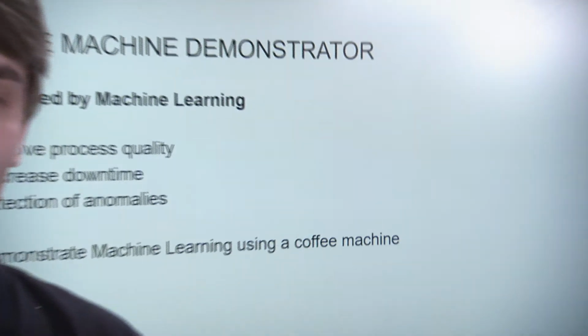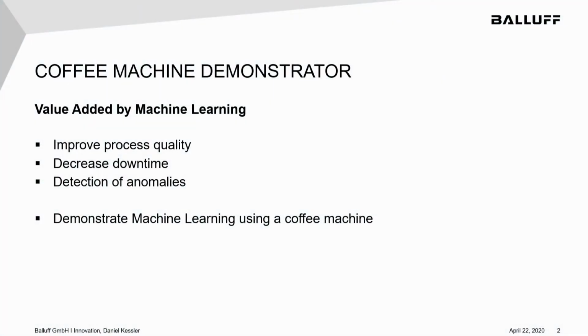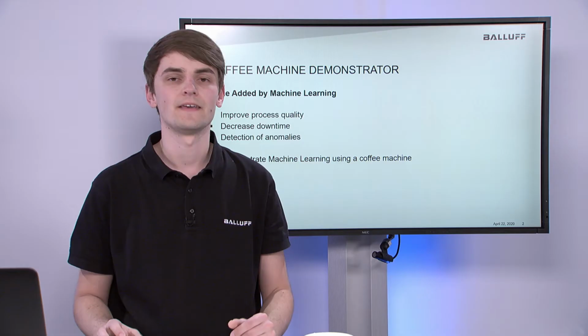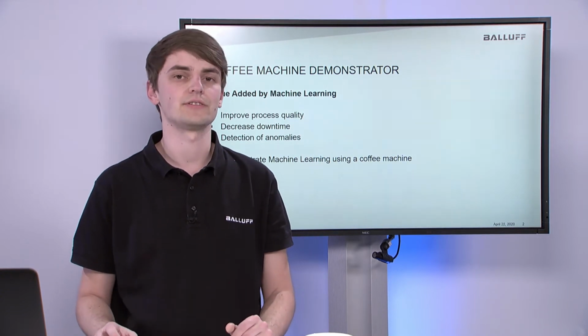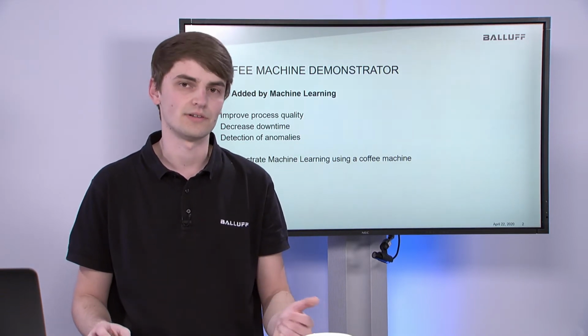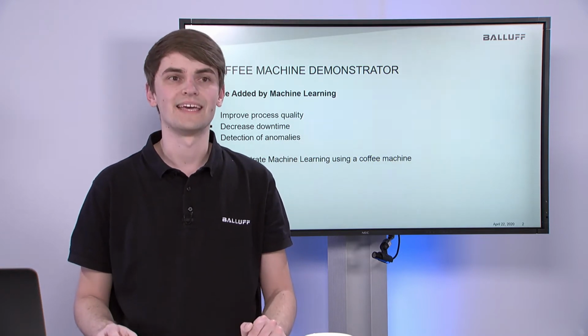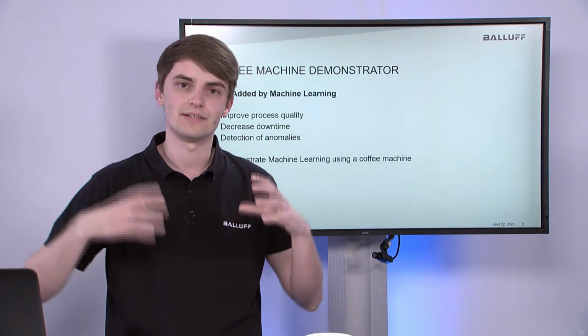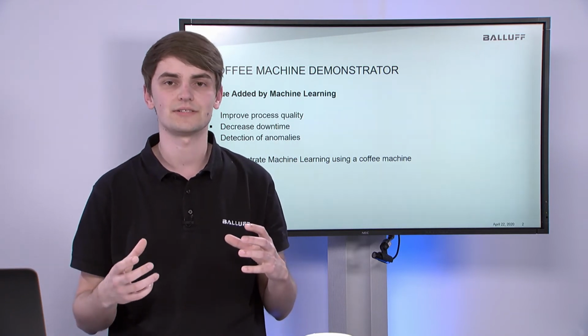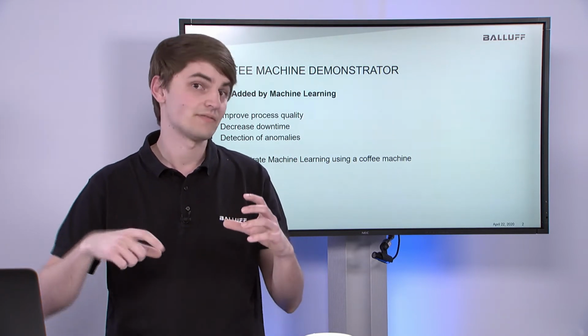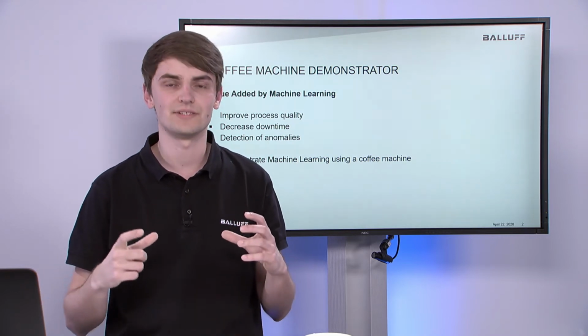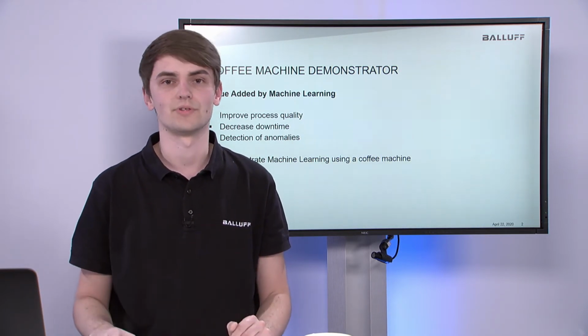This means if I monitor certain variables in my process, I can use machine learning to see if certain parameters of my machine change their values in a specific way, it is likely that my scrap will increase, or I have quality problems. So with machine learning, you can detect those process parameters, and then you are able to fix them to improve your process.